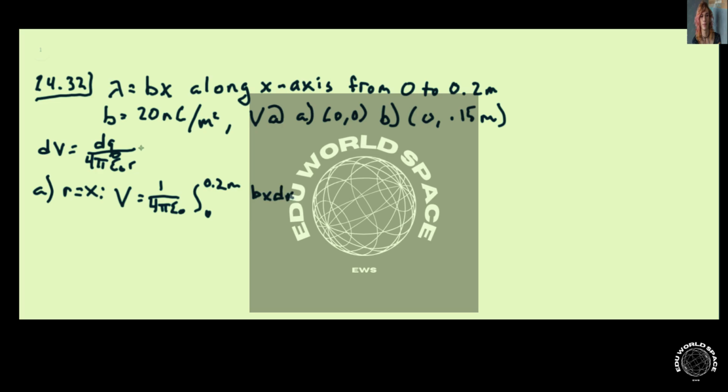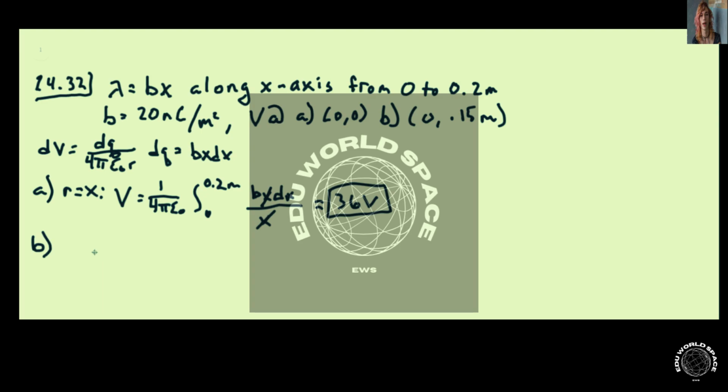And in both cases, dq is going to be lambda dx, which is b x dx over x, so that cancels. So we have just the length of 0.2 meters times b divided by 4 pi epsilon naught. That gives us 36 volts. So that was nice and straightforward.